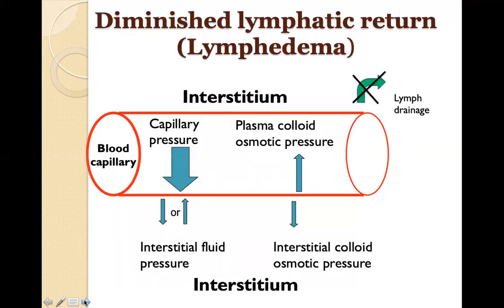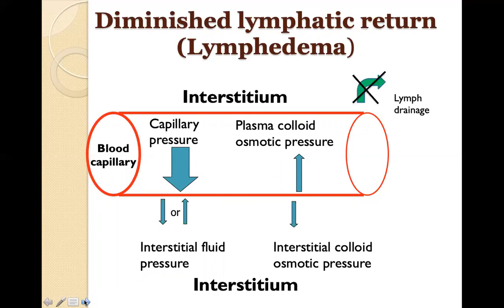All right, let's look at our fourth reason for increase in extracellular fluid. So we're going to assume now that the patient has normal capillary pressure, the protein levels are normal, and there has not been any recent trauma to suspect increased capillary permeability.